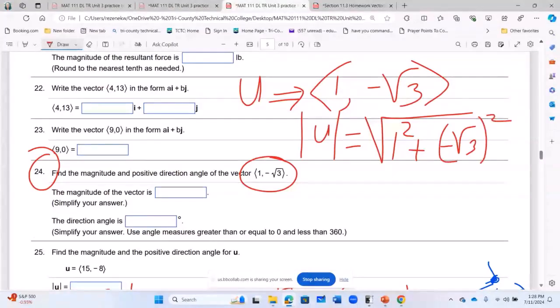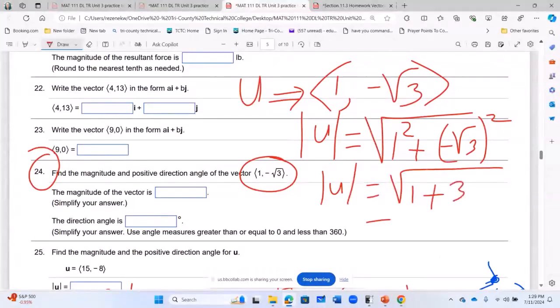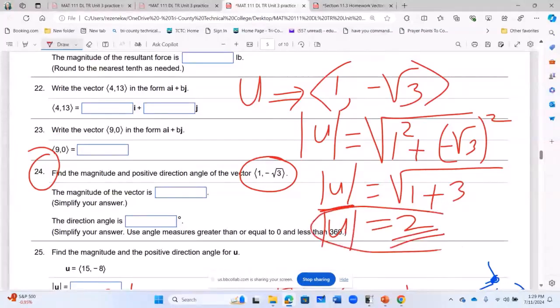Therefore, the magnitude of this vector is the square root of 1 plus 3, the square root of 4, and it's actually going to be 2. We're not doing plus or minus because it's an absolute value. So the magnitude of u is 2. So we found that.